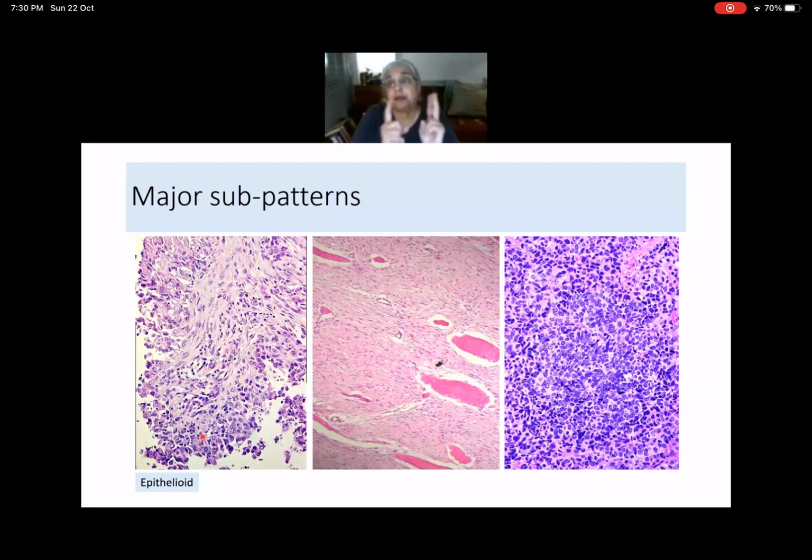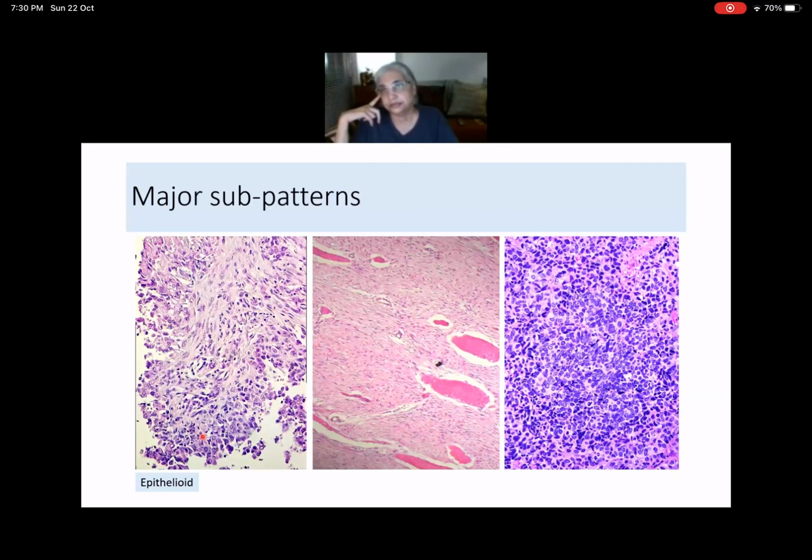I want you to repeat that for me, please, Sudesh, so that everybody understands. What did I say now? It's about pattern, ma'am. No, I want to know what a mesenchymal pattern is. Because I don't think either you or Jyoti or Pratibha or Anjana actually understand.